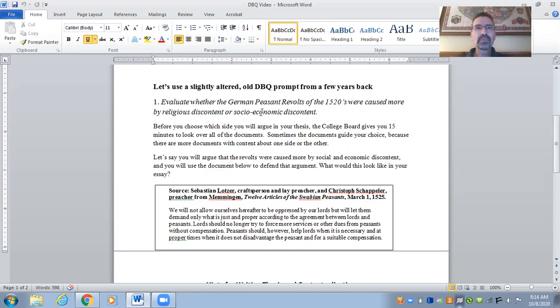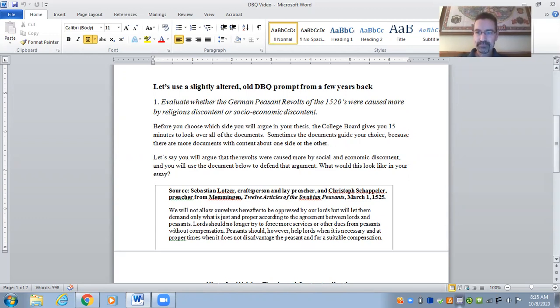So you would probably have a sentence or two that introduces the reader to the general condition of peasants back then, giving background, telling people why these people would revolt. People don't revolt unless they're desperate. What's making these peasants desperate? That should be a part of your context as well.